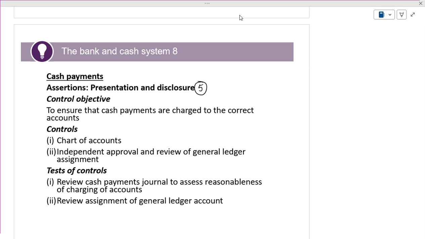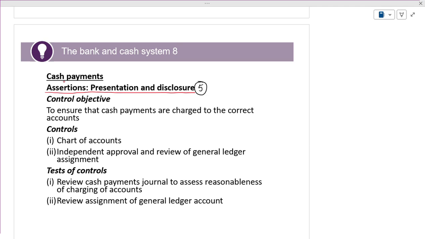As a shortcut, I will say that you have to remember, I can say memorize, only the first 1, 2, 3, 4, 5. The moment you say cash payments, what are the assertions?